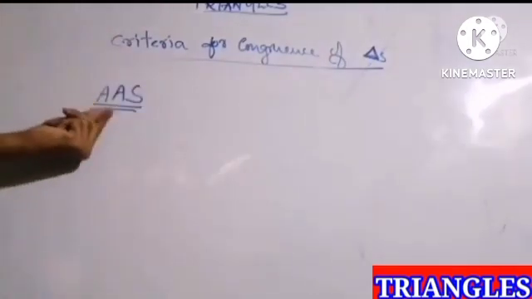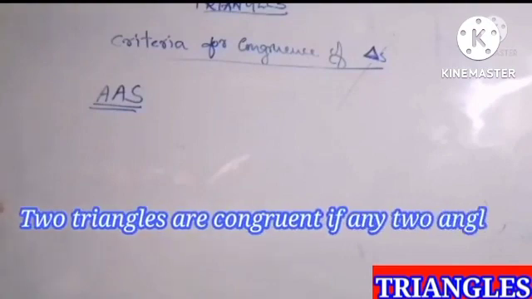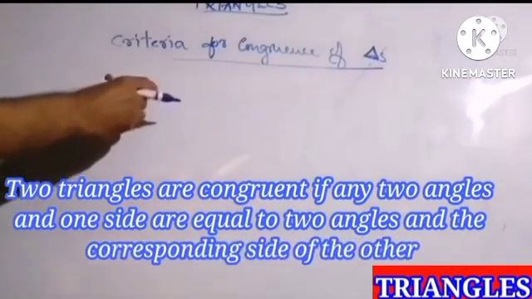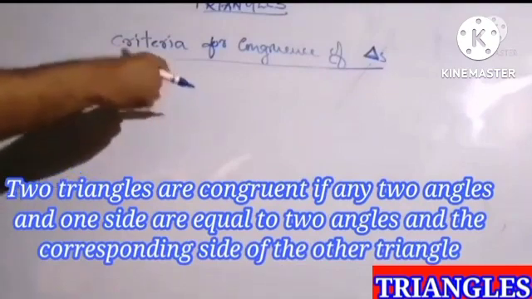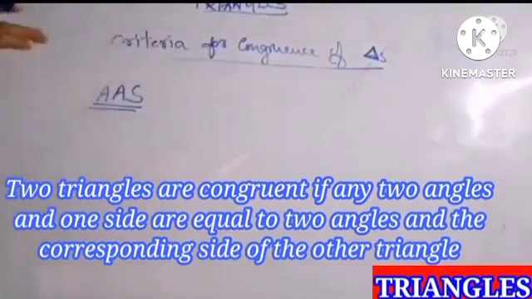How to state this congruency? 2 triangles are congruent if 2 angles and any side of one triangle are equal to 2 angles and the corresponding side of the other, then the triangles are congruent.